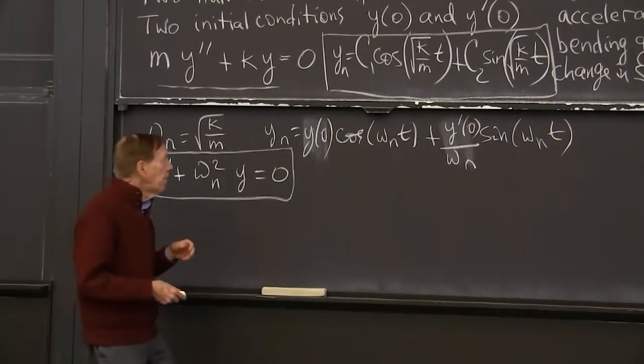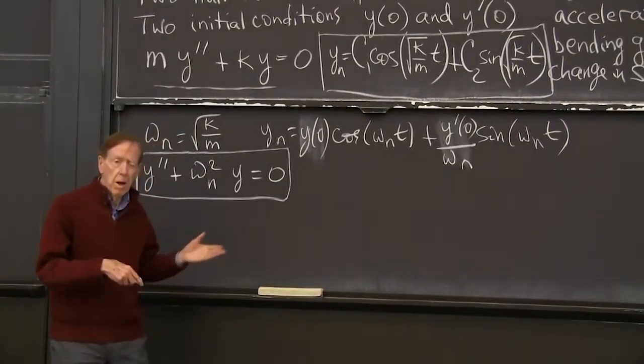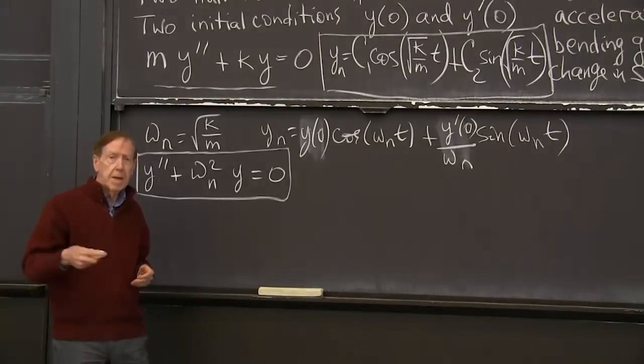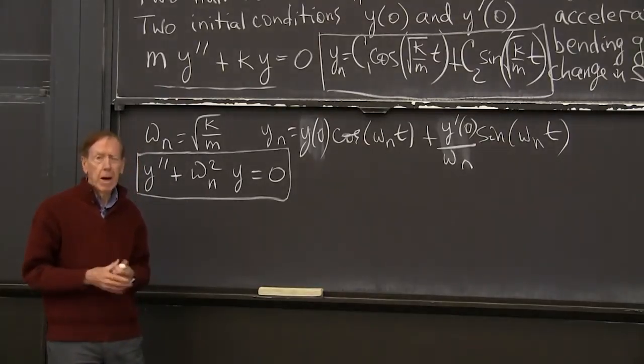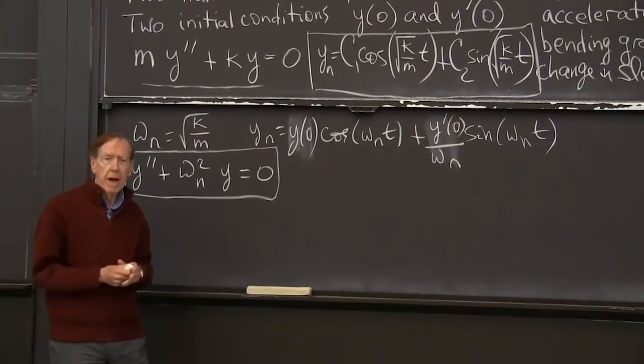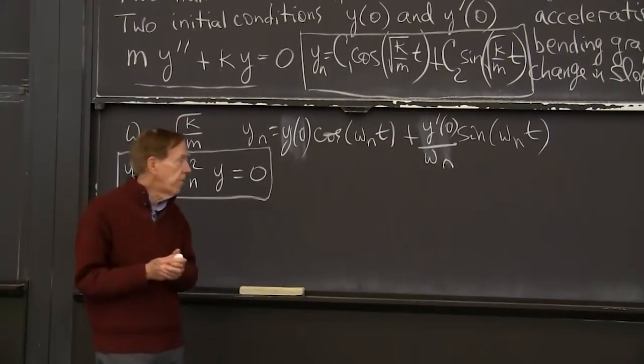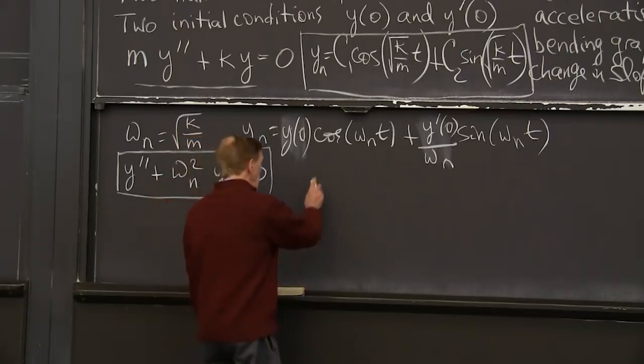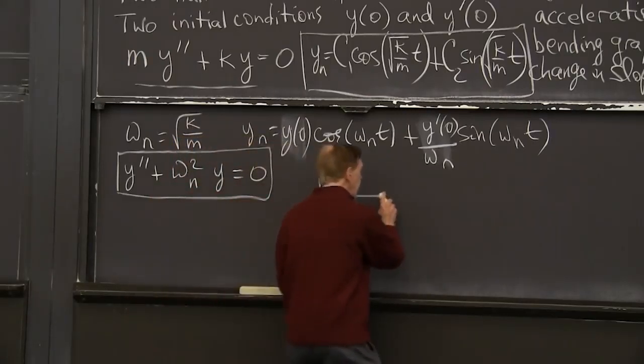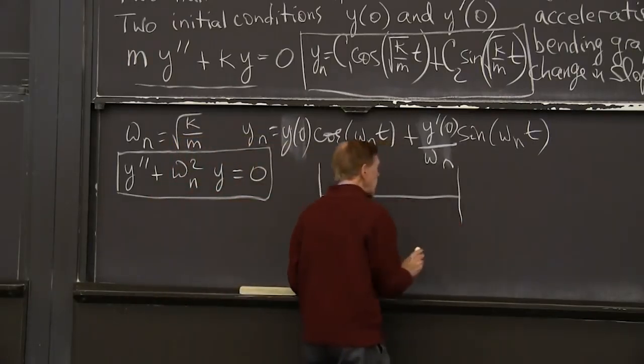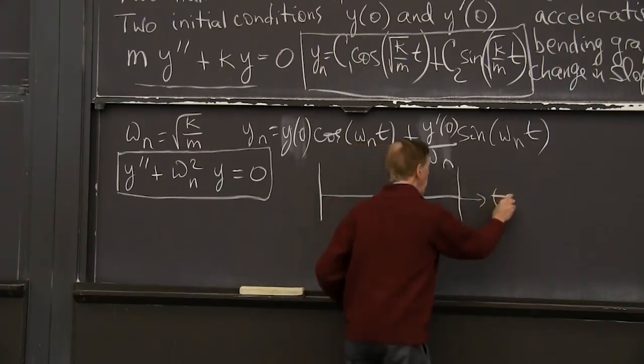First of all, we're going to have cosine omega t's for quite a while. I better draw the graph of that simple familiar function. So here's a graph of cosine omega t. Here's t.